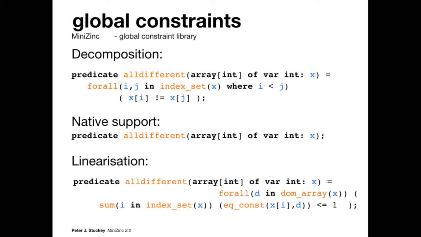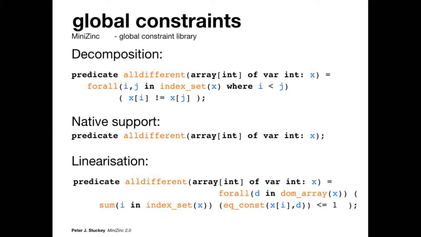Or I might be using a mixed integer programming solver, which doesn't want this view. We could use this decomposition and then convert this. We want to linearize the constraint in the end. And I'd have a decomposition like this, which is basically saying, I look at all the possible values that this array of variables could take, and I make sure that for every value d, the number of times that a variable x_i takes the value d is less than or equal to 1.